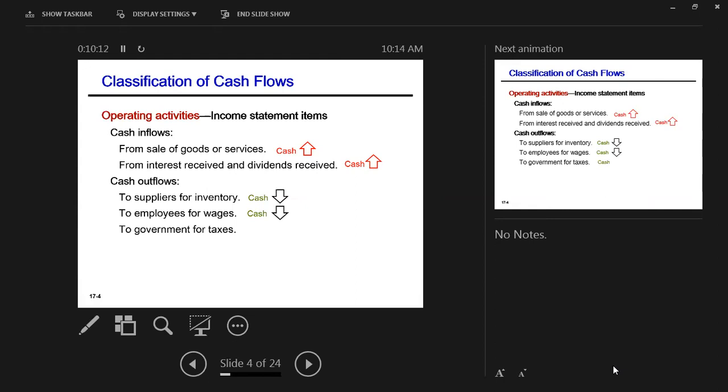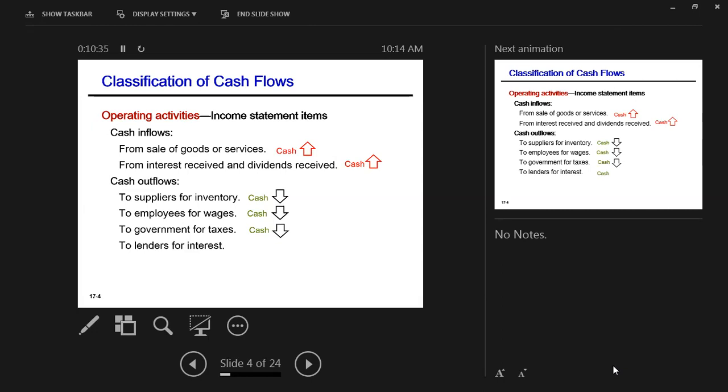Then to pay tax to the government. If our university paid income tax to the government today, we have to record it as cash outflow today. So this is the cash outflow for paying income tax to the government.